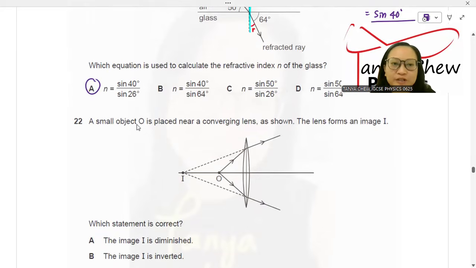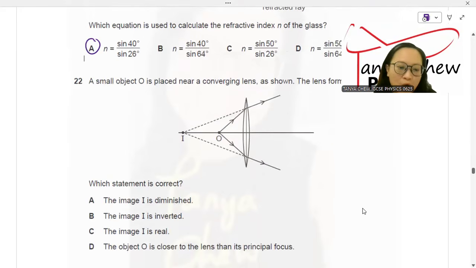Number 22, a small object O is placed near a converging lens as shown. The lens forms an image I. Which statement is correct? I would say that it seems that the image is enlarged. Image is formed in front of the object, so the image must be virtual. Image that is being formed in front of the object, right? When the object is in front of the lens, image is called virtual.